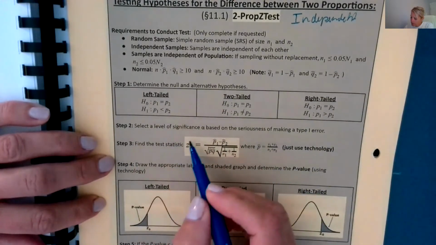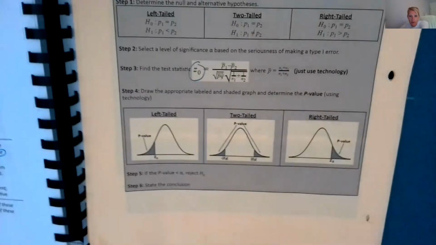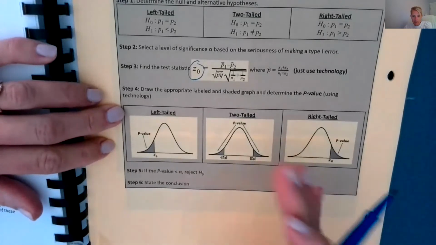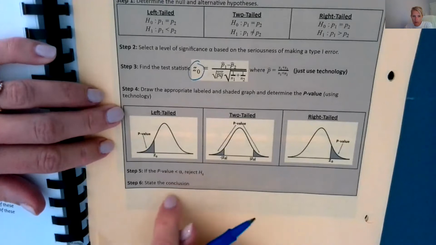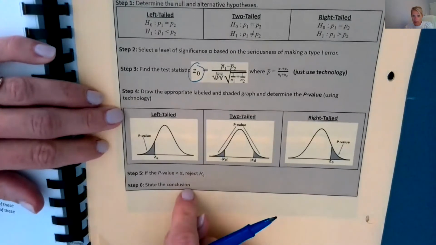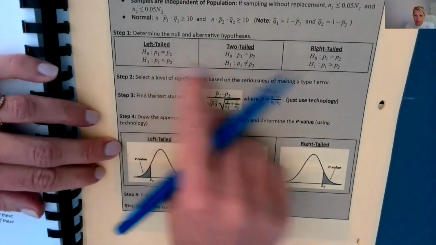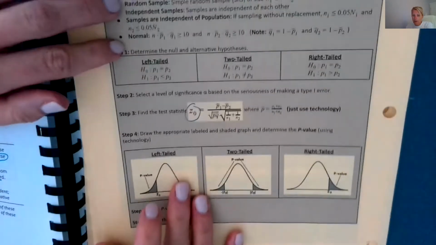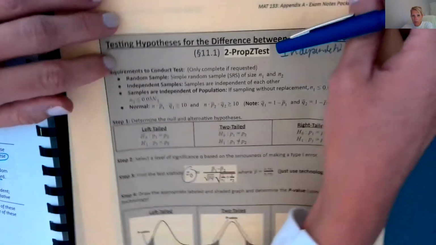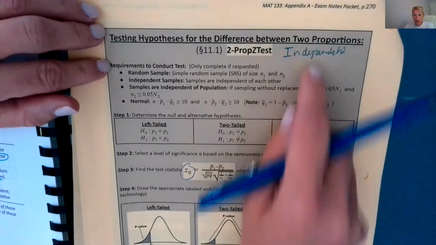You just need to give me the Z0, the test statistic. Step 4 is going to look the same. Our pictures are going to look the same. Step 5 is going to be comparing the same with our p-value compared to our alpha, and our conclusion is going to be stated the same. So it's mainly our step 1, how we're going to write that hypothesis test, which you need to be very good at discerning whether we have 2 samples and what type of samples we have.